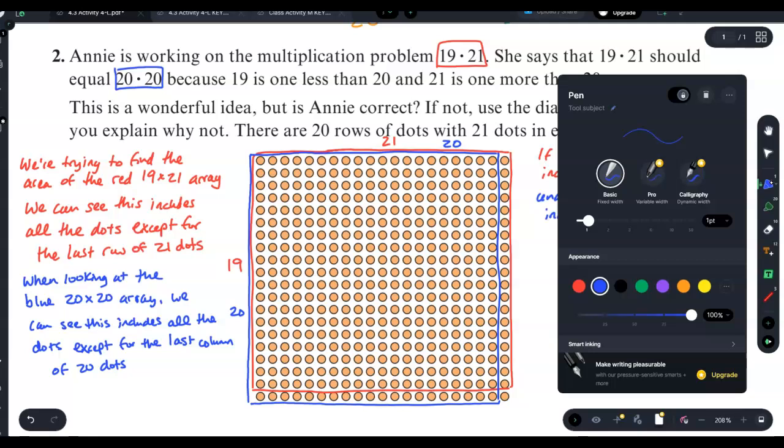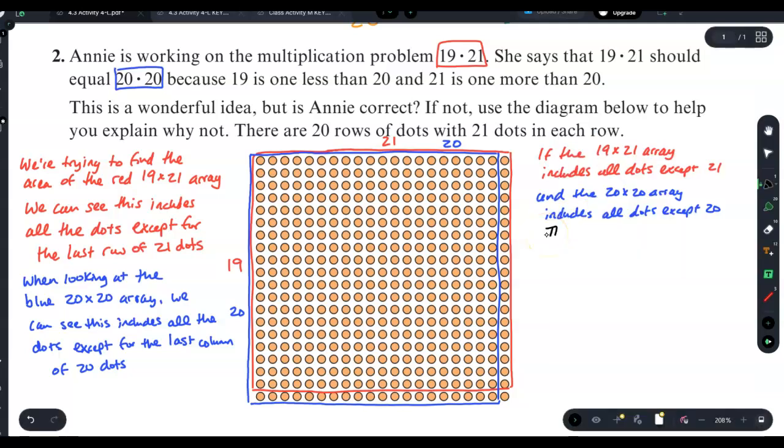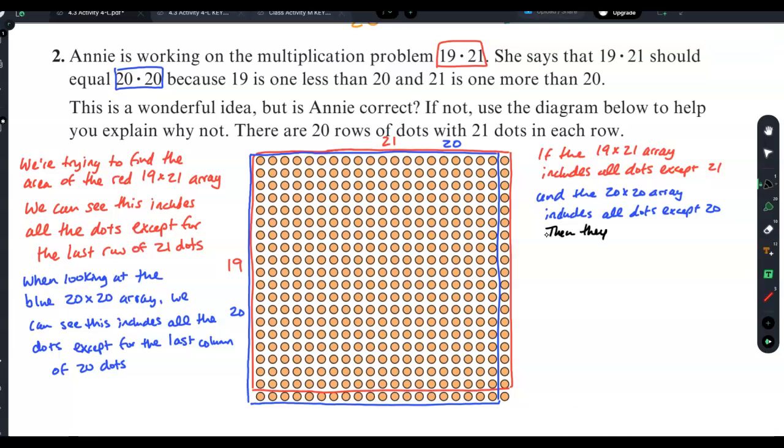Then that means that they can't equal the same number of dots. Because if they were going to include the same number of dots, they'd also have to exclude the same number of dots, and they don't, right?